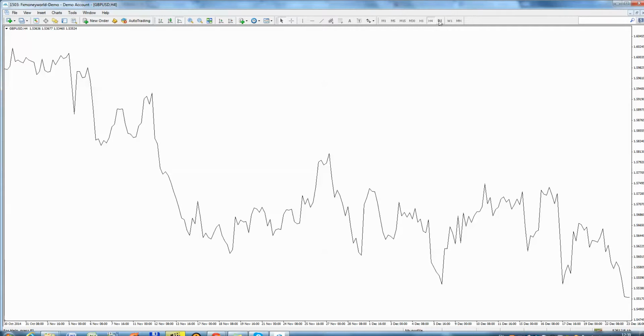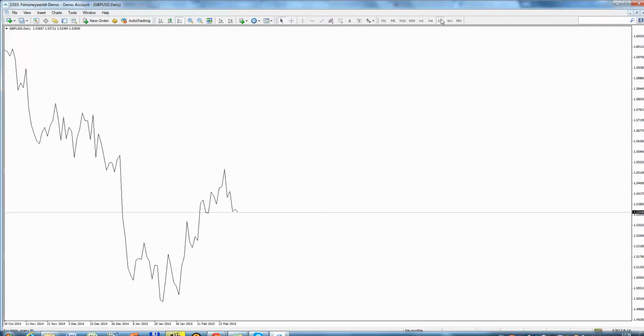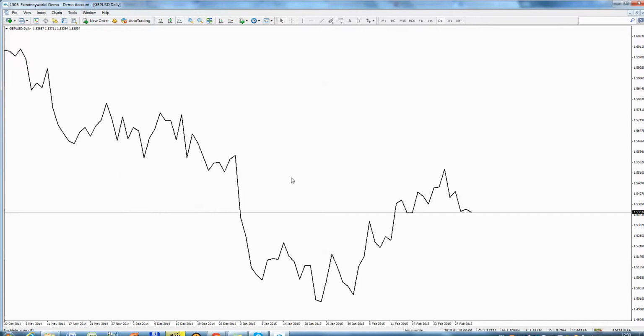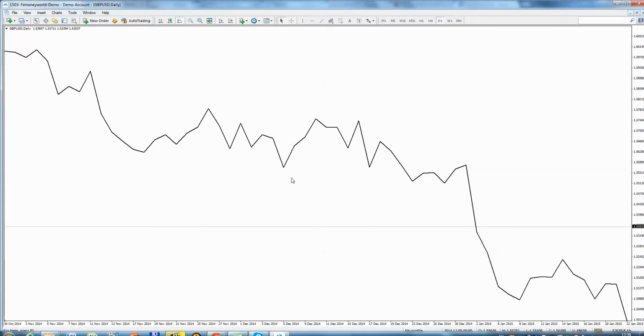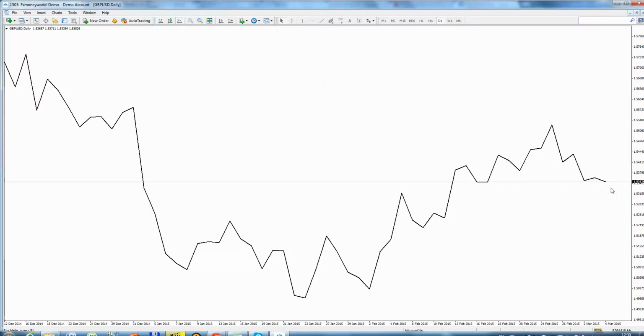So let's imagine that now we are at a day time frame. If we zoom in on our chart, we'll see that it consists of small lines. Each of these lines means one day, one period that we have chosen here.